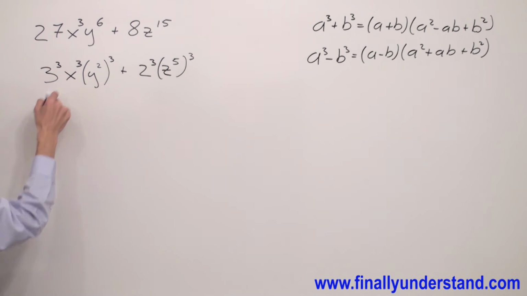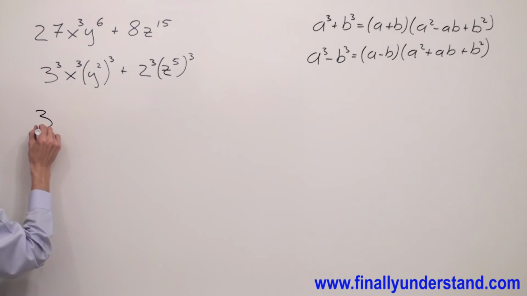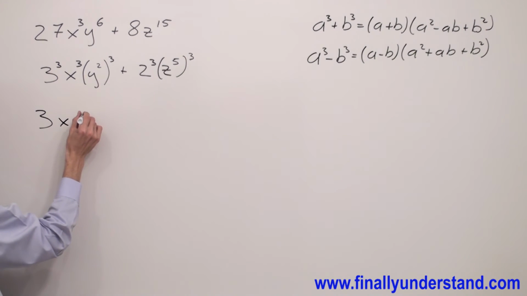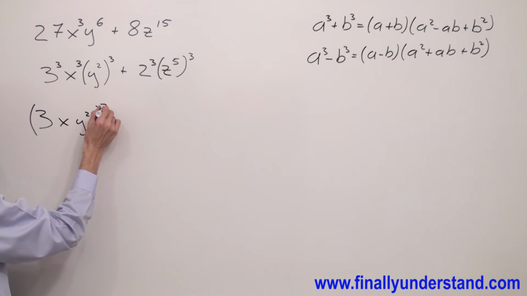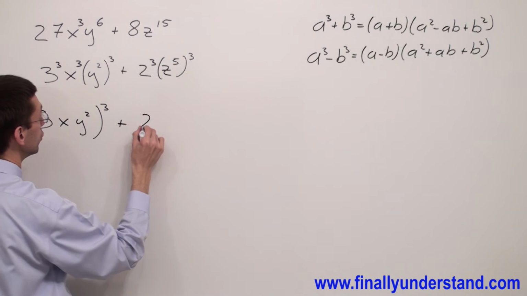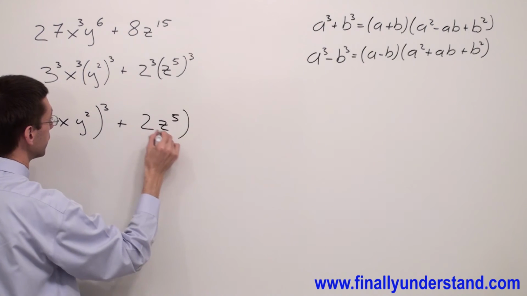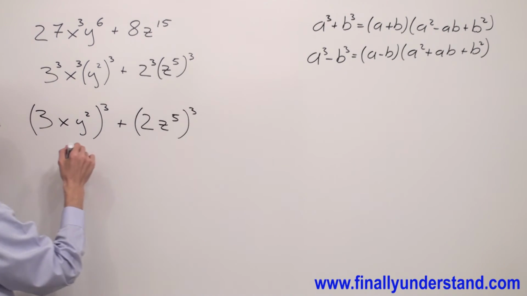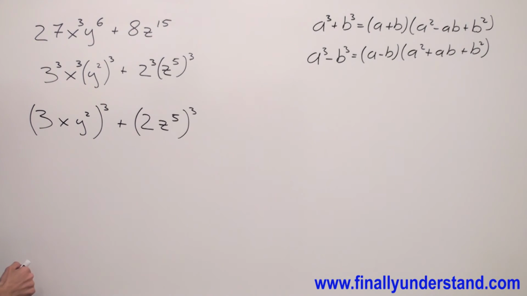Now I'm supposed to use the properties of exponents and rewrite this problem as 3x y to the second power, and everything has to be raised to the third power, plus 2z to the fifth, and this term has to be raised to the third power. Take a look. We got the sum of perfect cubes.